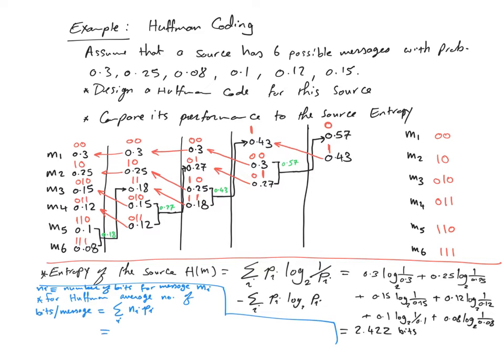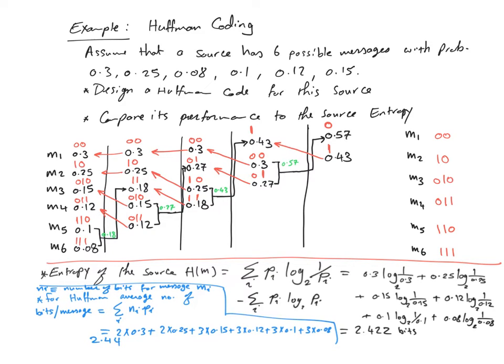So this is equal to, if you put the numbers now, 2 times 0.3 plus 2 times 0.25 plus 3 times 0.15 plus 3 times 0.12 plus 3 times 0.1 plus 3 times 0.08, and the total is going to be equal to 2.44.